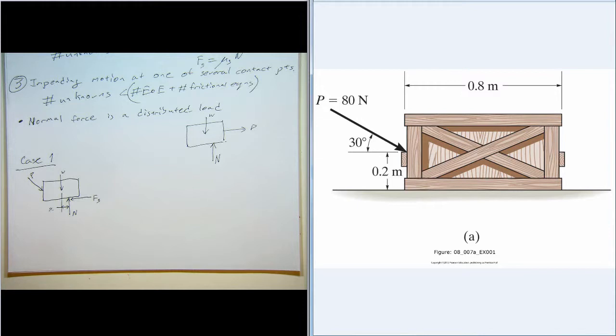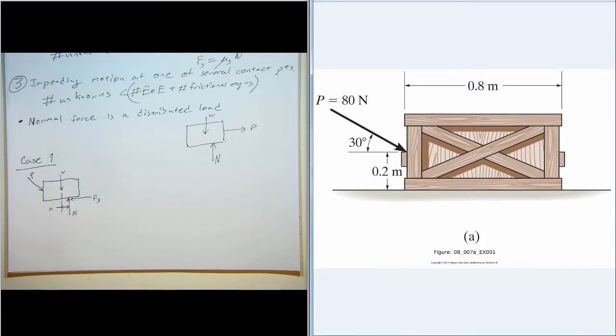And so that would be the case where Fs is not big enough to overcome the horizontal force of P. And the other case where it could move would be if the normal force, in order to have moment balance, because the magnitude of the normal force is given by these two vertical forces, and the location of the normal force is given by the moment balance equation. And so if this x would have to be so big that the normal force would have to be outside of the footprint of the crate, then that means the crate would tip over.